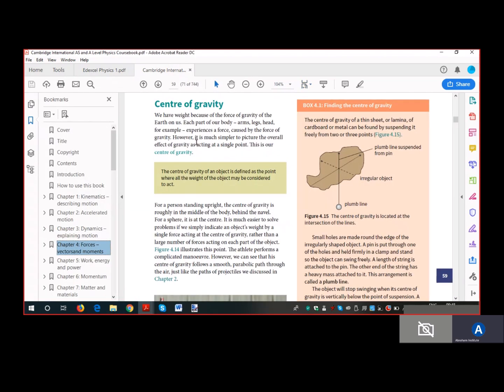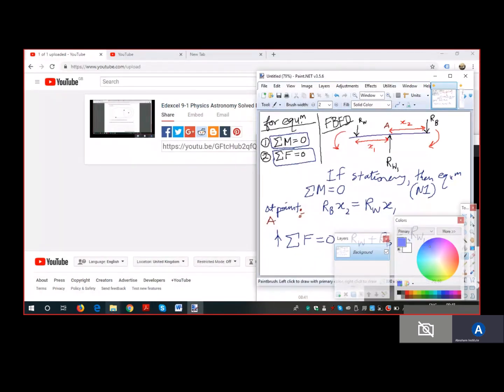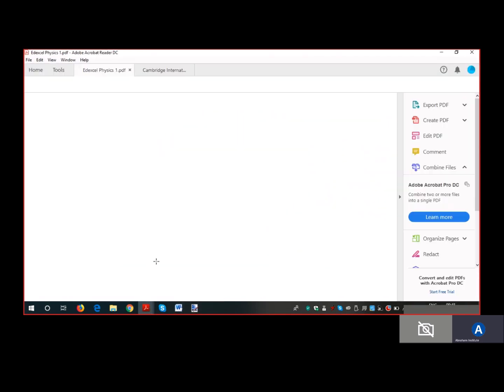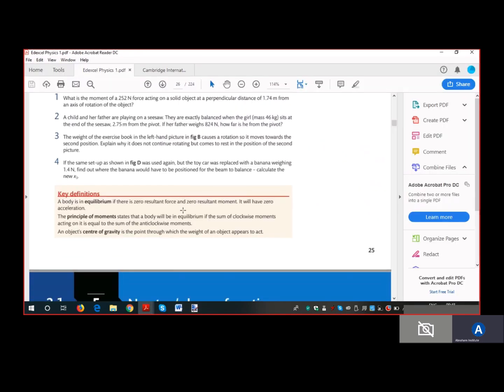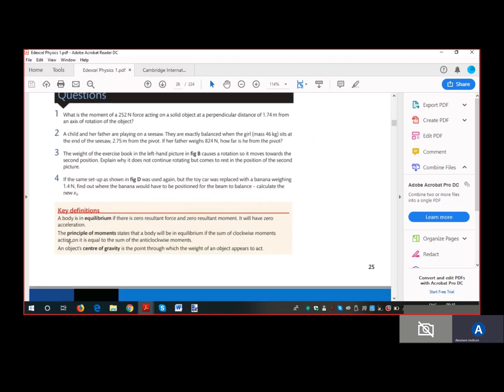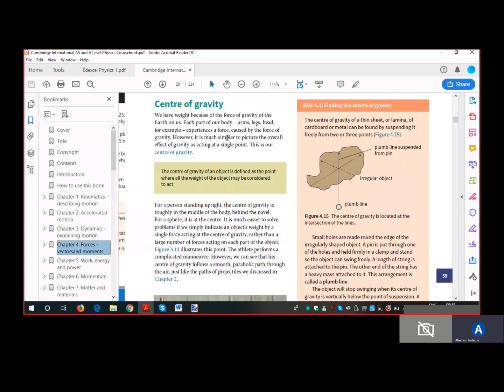This book has a much better definition. See, for center of gravity, an object's center of gravity is the point through which the weight of an object appears to act. It's a very similar definition, where all the weight of the object may be considered to act.